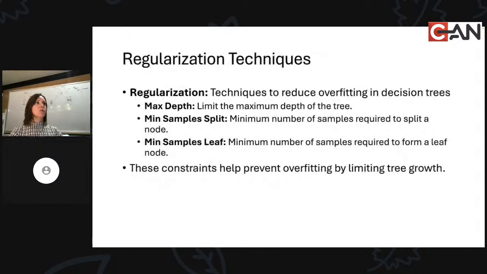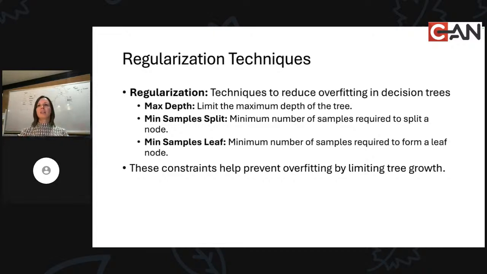Some things that you can do is tune parameters. I'll talk about them in Random Forest more. We've already talked briefly about a couple of them. You can set a limit to the max depth. You can say, hey, this tree can be no more than 15 nodes deep.